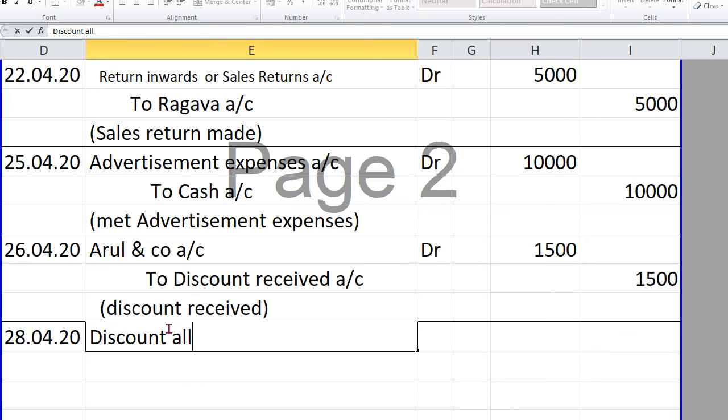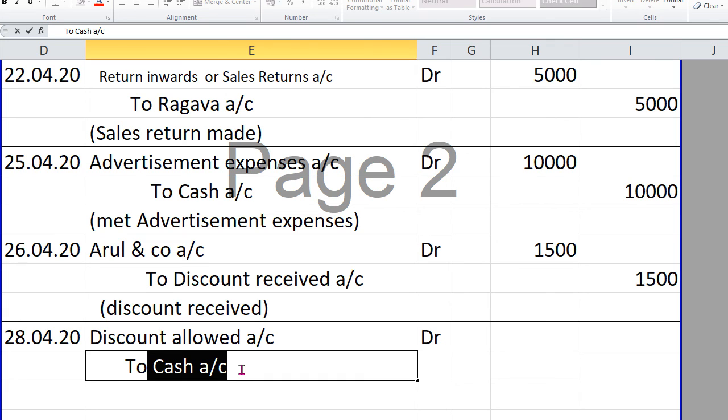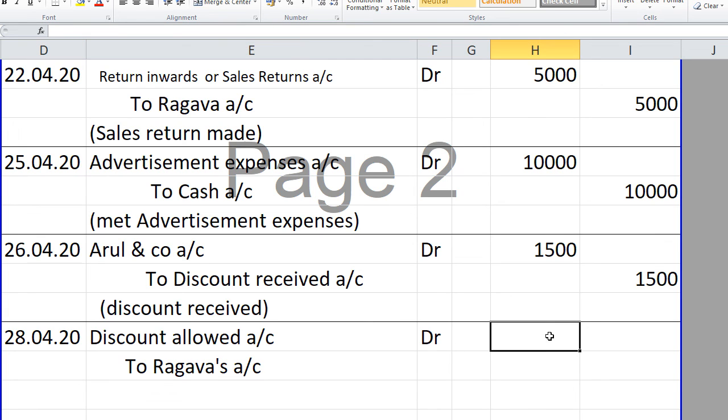Here, discount allowed account, debtor, to Raghava's account, 1,000 and 1,000.